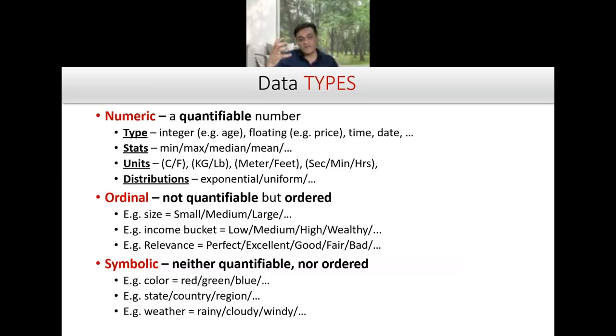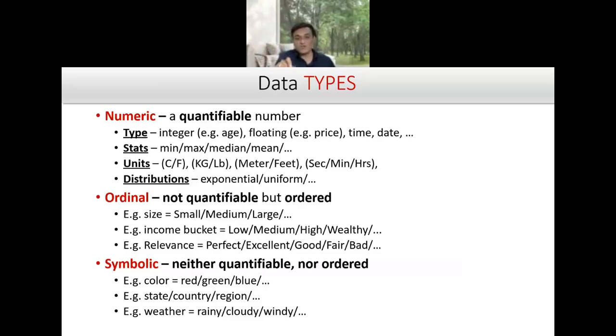Second, some data can be statistics data, like minimum, maximum, median, mean value. These are statistics related data. Some data stored in an Excel sheet may not have any numbers, only units. Say I have written 10, 20, 30, 40, but in another column there is a unit, maybe centigrade, Fahrenheit, kilogram, pound, meter, feet, or second, minute, hours.